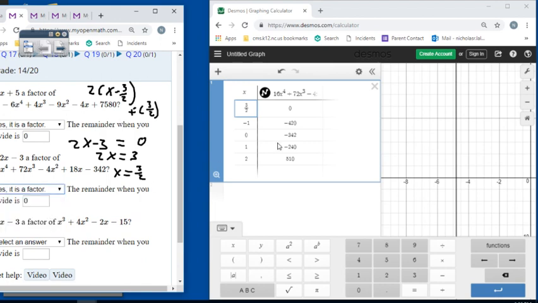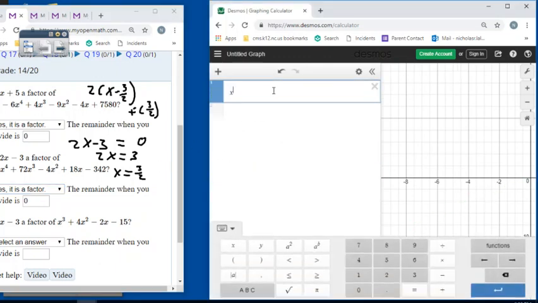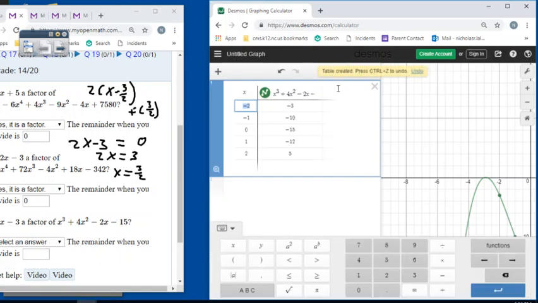Now, my last function is x cubed plus 4x squared minus 2x minus 15. Look at my table. If x minus 3 is the factor, I'm evaluating f of positive 3.